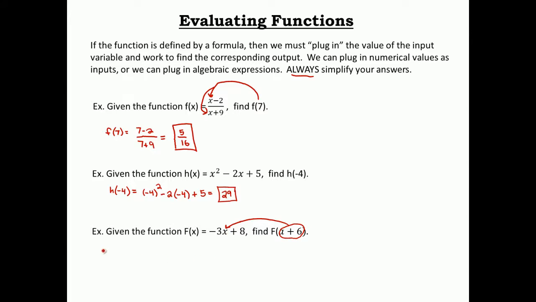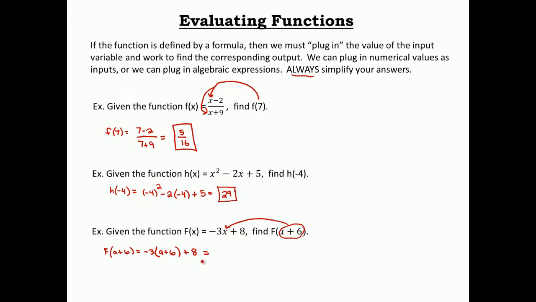So let's write that out. F of a plus 6 is equal to negative 3 times a plus 6. We need the parentheses because we're multiplying that entire expression by that negative 3, plus 8.